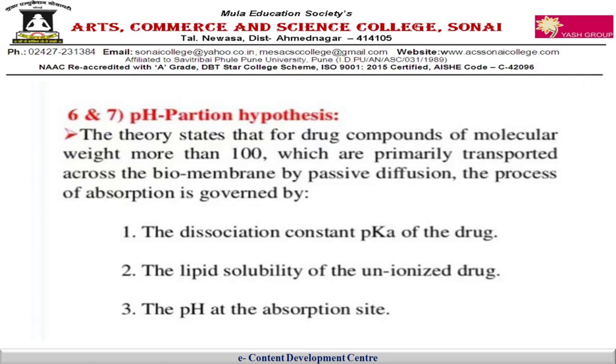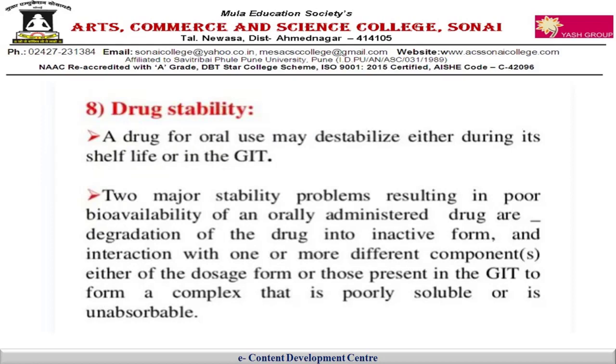Second, the lipid solubility of the unionized drug. Third, the pH at the absorption site.